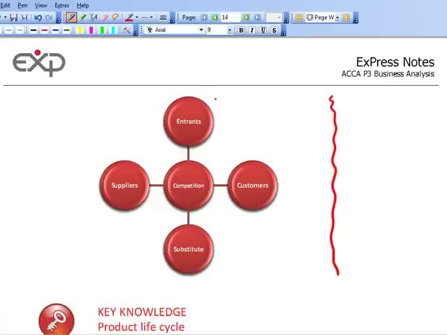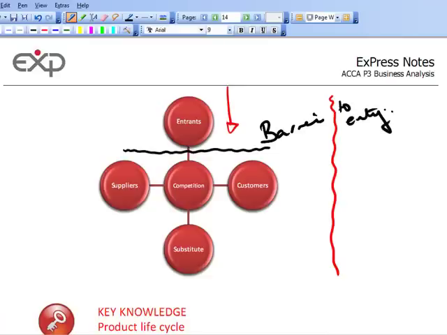Remember, potential entrants. We have potential entrants to the market. Most important thing here is what barriers to entry can we put up? And remember, for example, what is a barrier to entry in order to start producing another super jumbo, an Airbus A380?